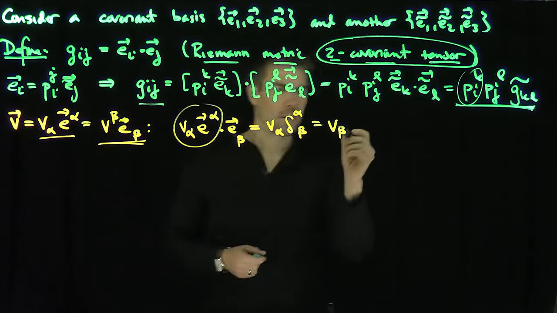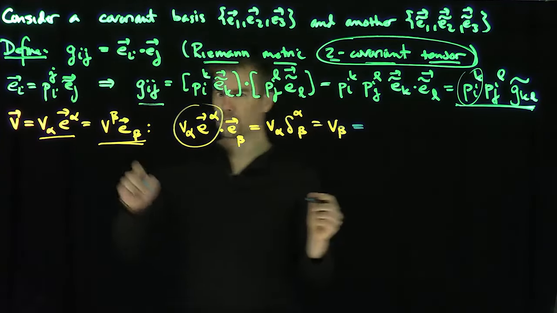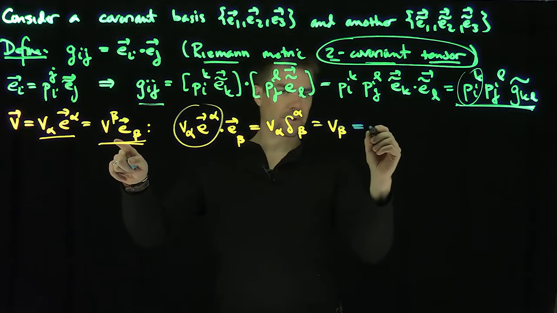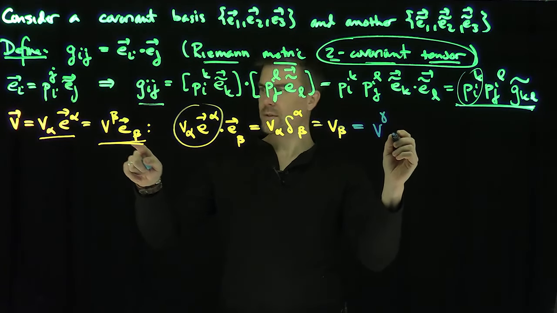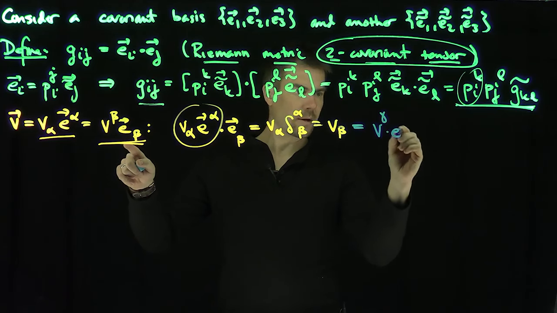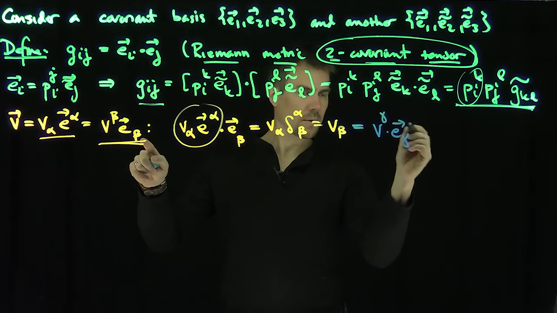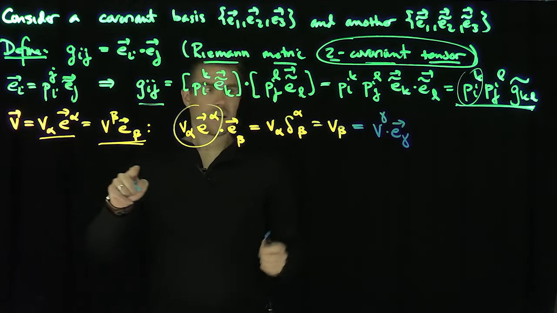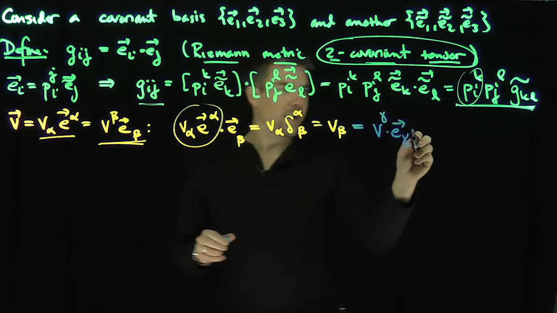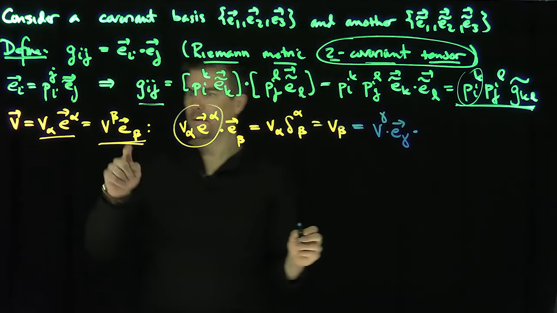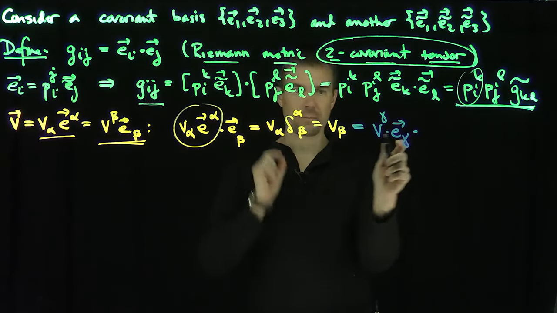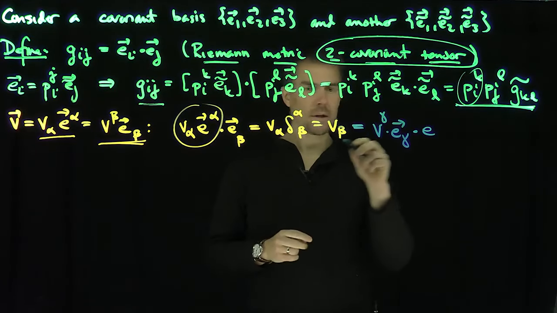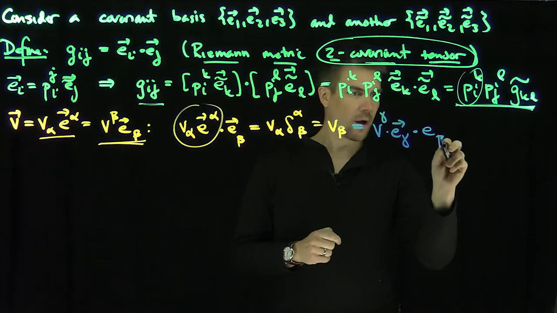So also, this is equal to, I'm going to write this as V gamma, and then E gamma lower. Okay, that's a representation of V, right? And this is going to be dotted with what? Both of these are representations for V, dotted with E beta lower, like this.